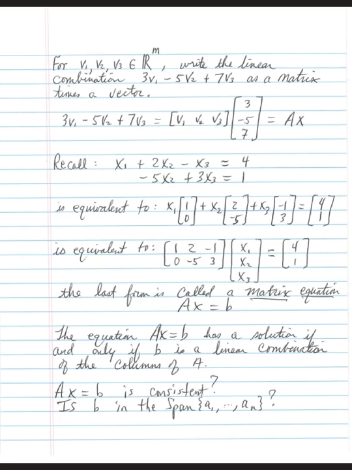These are basically the weights. So what we're going to do is find out if Ax = b is consistent. That means whether it has one unique solution or infinitely many, and whether or not b is in the span of all the vectors from matrix A.